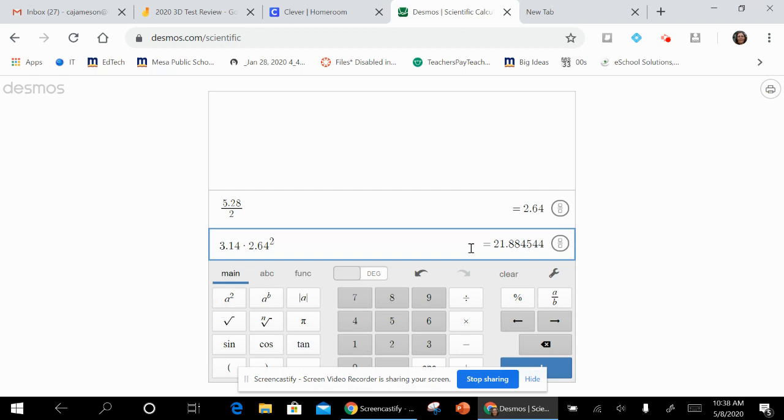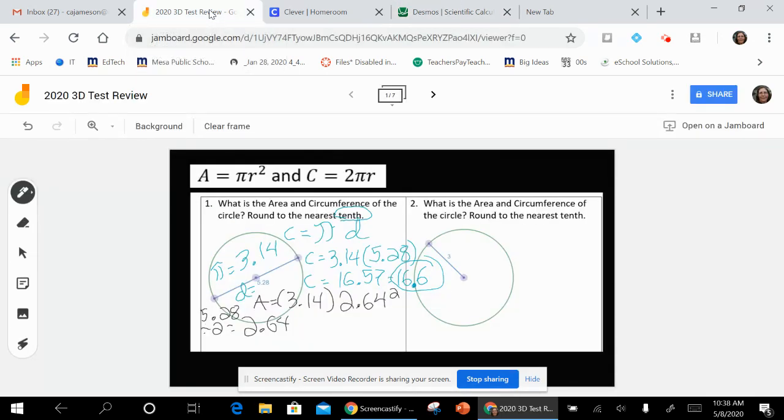We do that and we get 21.88. So we're going to round that. Again, everybody, 5 and up, round it up. So I'm going to round that up to 9/10. So it's 21.9 for this, everybody.